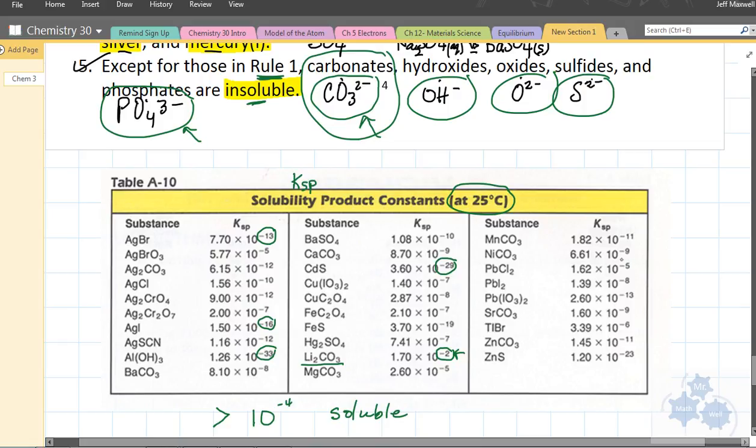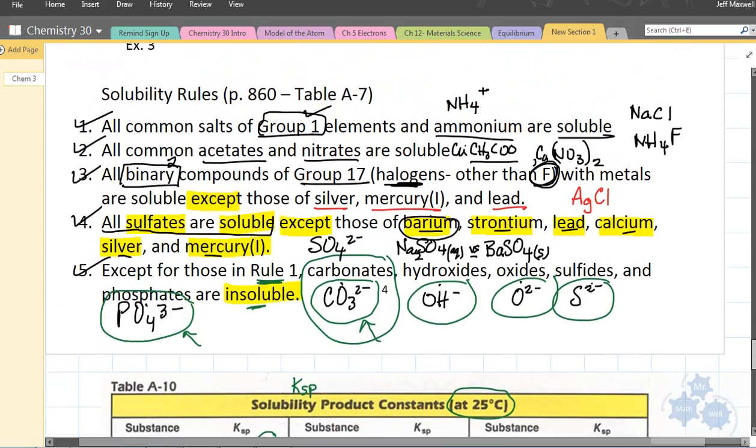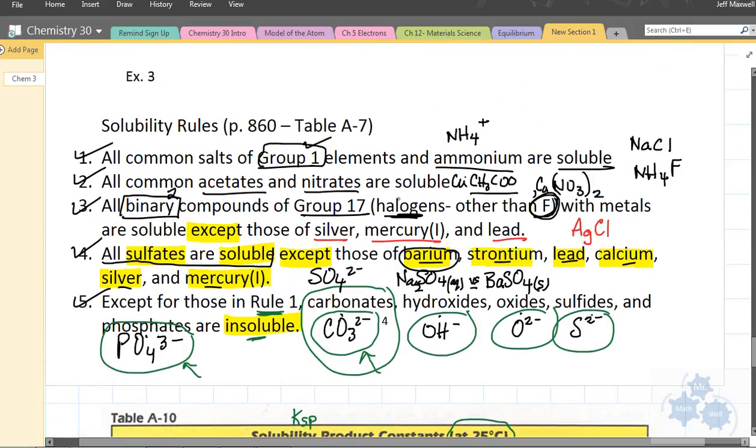Okay, let's check 5 because that comparing to 2 and negative 5 we could see. So what about lead chloride? What do your rules say about lead chloride? Chloride is a halogen. So do you see chloride or lead? Well, here's halogens, binary compounds group 17, are soluble, except for those of silver, mercury, or, oh, here we go, lead.